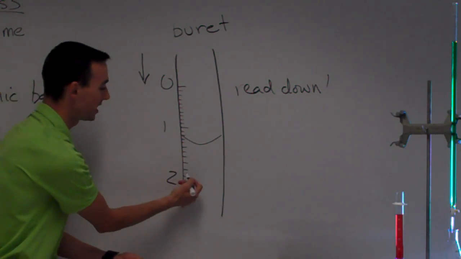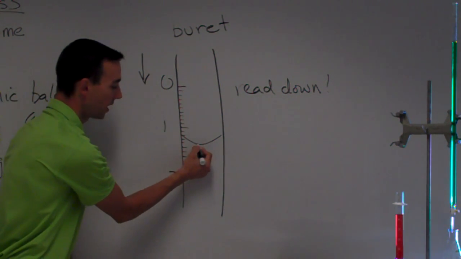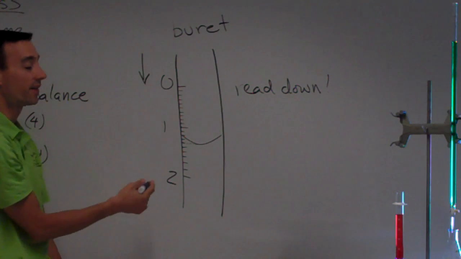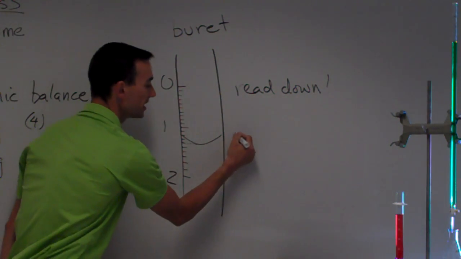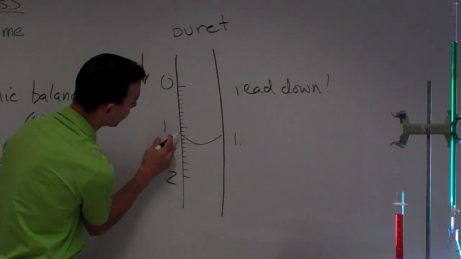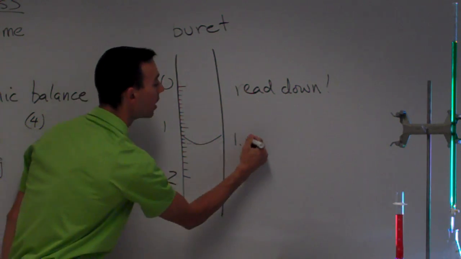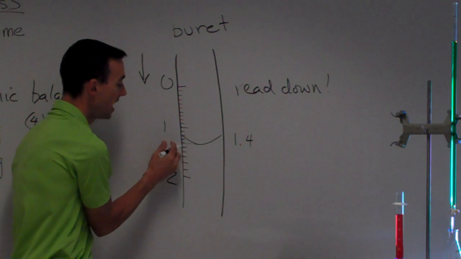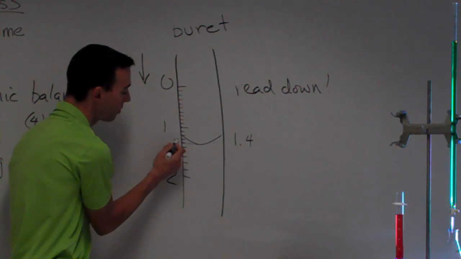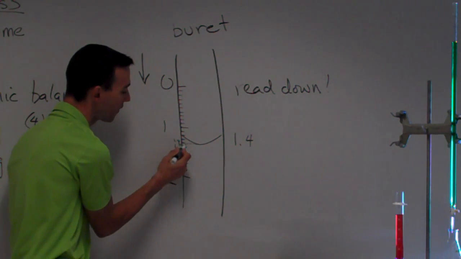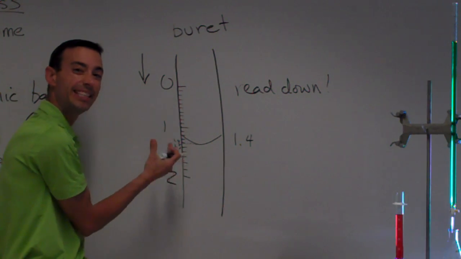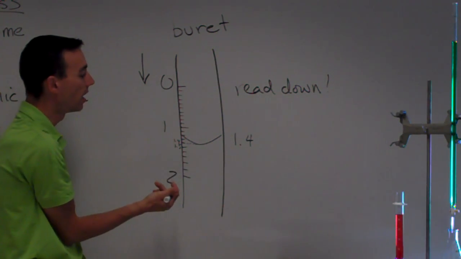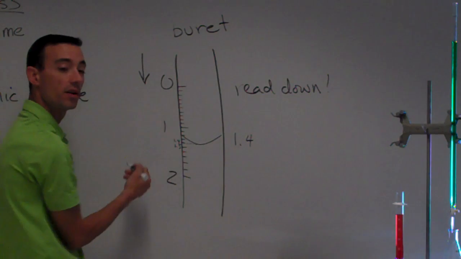And so we would say this was 2 point something. But with our burette, we read from the top down. And this is 1 point, let's see, 1, 2, 3, 4. Those are the known certain places. And again, estimate between the 1.4 and the 1.5 how many tenths of that you believe the meniscus ends at.